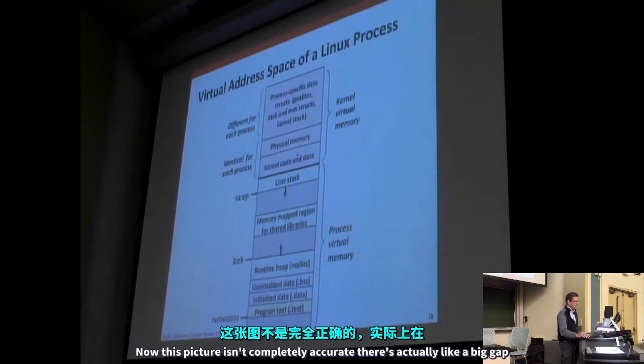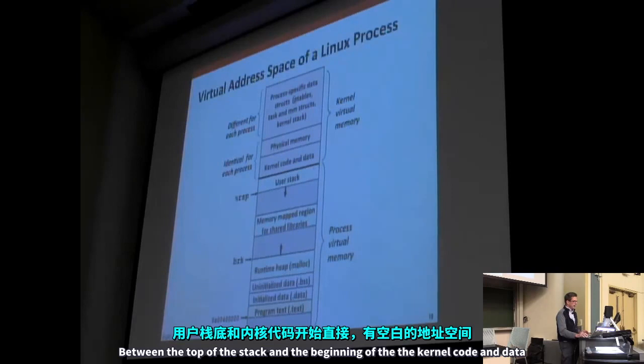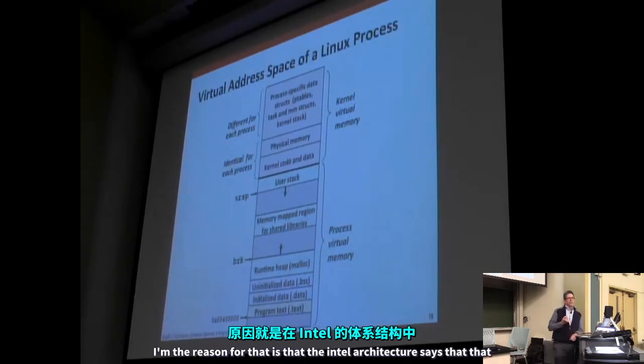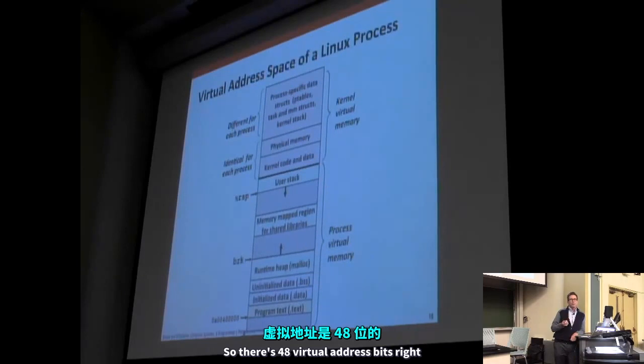Now, this picture isn't completely accurate. There's actually a big gap between the top of the stack and the beginning of the kernel code and data. The reason is that the Intel architecture says there are 48 virtual address bits.